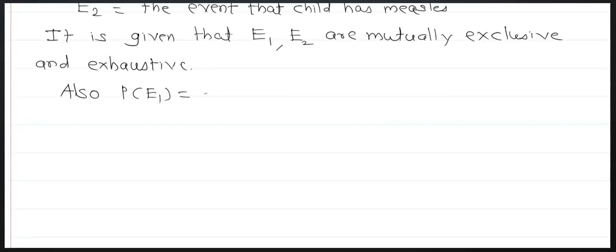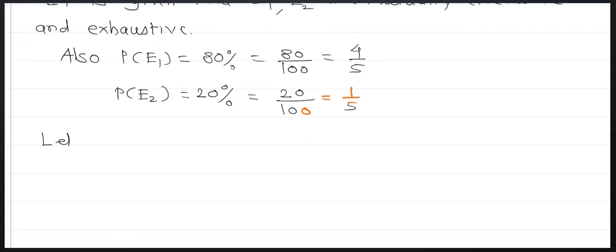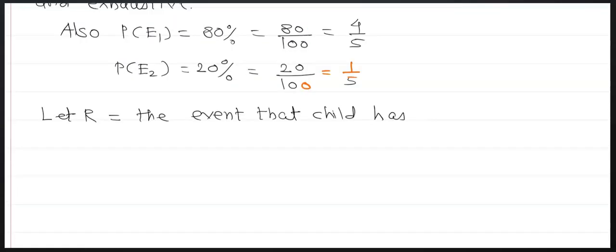Also, the probability of E1 is 80%, that is 80 upon 100, which is 4 by 5. The probability of E2 is 20%, 20 upon 100, which is 1 by 5. Let capital R be the event that the child has rash.